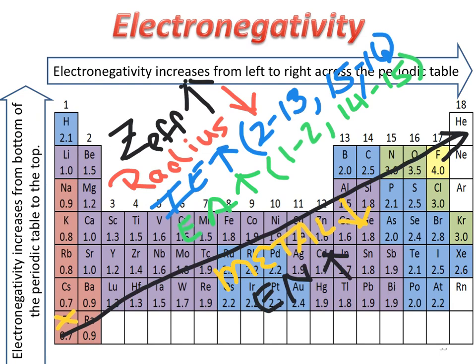Nicely, you can group these all together. The effective nuclear charge, Z effective, ionization energy, electron affinity, and electronegativity all go up as you go from the lower left to the upper right hand corners, whereas radius and metallic character go down as you go up and across the periodic table.